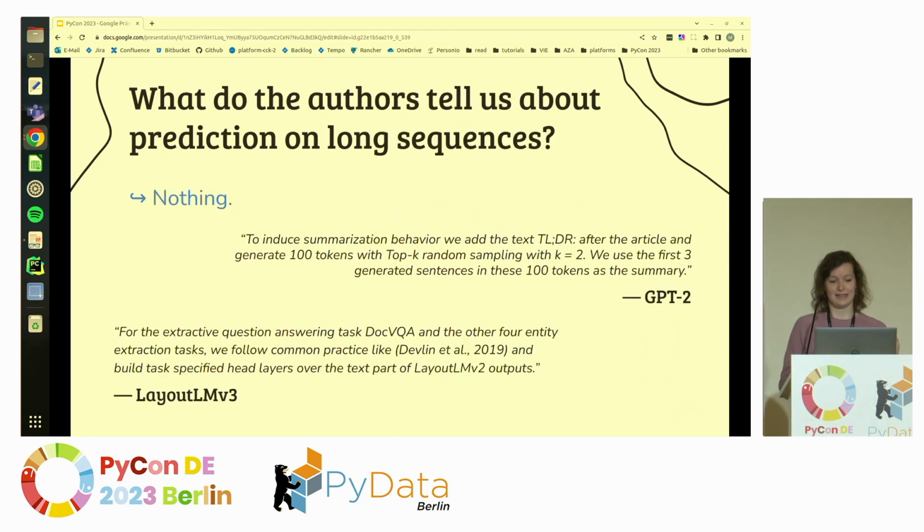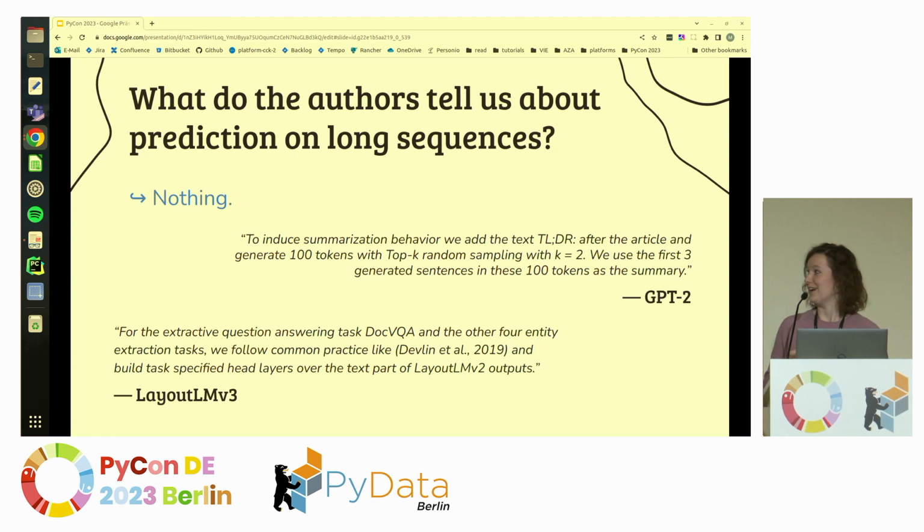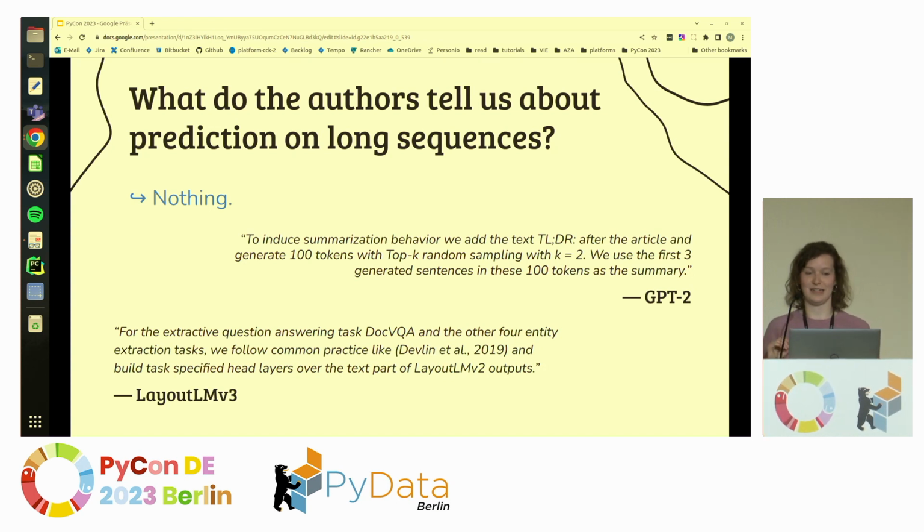So what I did next is look into the details of how they applied these models when they evaluated on those benchmarks. What did the authors mention about how they handled these longer sequences? And the sad summary is they don't mention anything at all. I also pasted you some examples here, and they might get very detailed, like the GPT-2 example here.